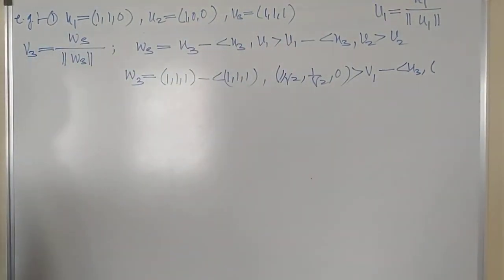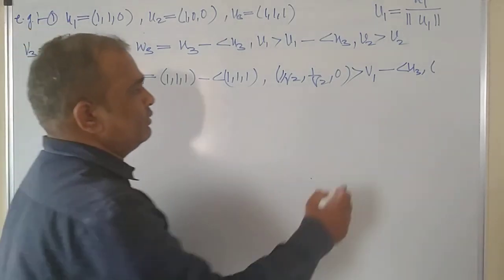What was the value of V2 that we got? We got the value of V2 is equals to 1 by root 2, minus 1 by root 2 and 0. Isn't it?